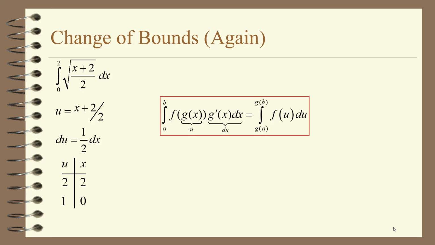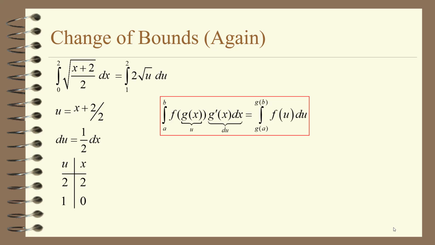I'll keep all the u's on one side, all the x's on the other, same as I have the equations above. And I'll make sure the order of the x values is the same as what you see in the integrand. So when x is 2, by our substitution, u has got to be 2. When x is 0, u has to be 1. So this definite integral has to equal that one.